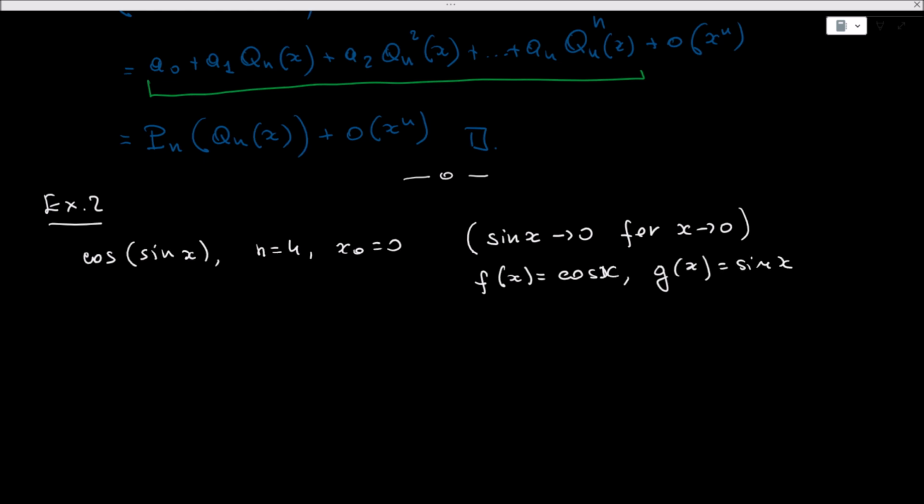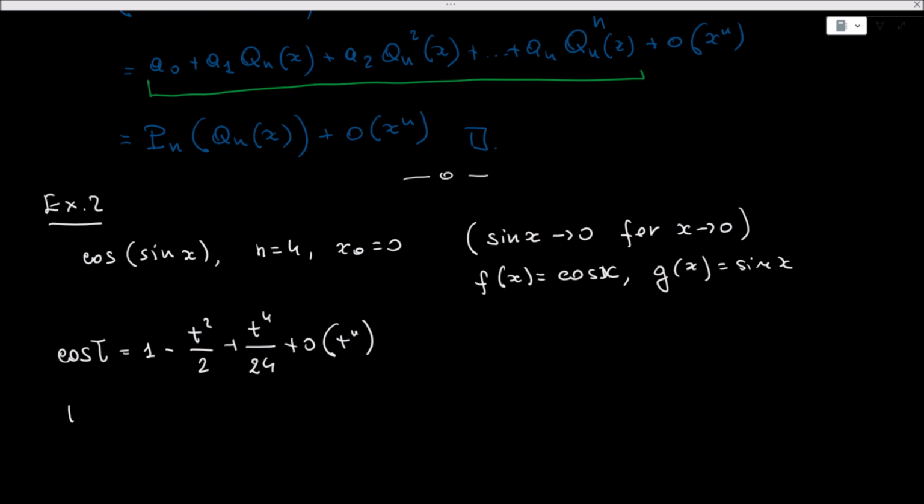Let's start by expanding the cosine of t up to the order 4. So we have 1 minus t squared divided by 2 plus t to the 4th divided by 24 plus little o of t to the 4th.